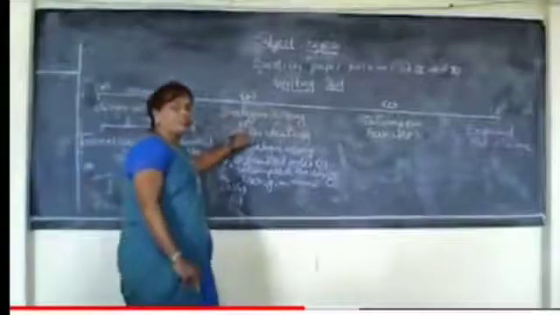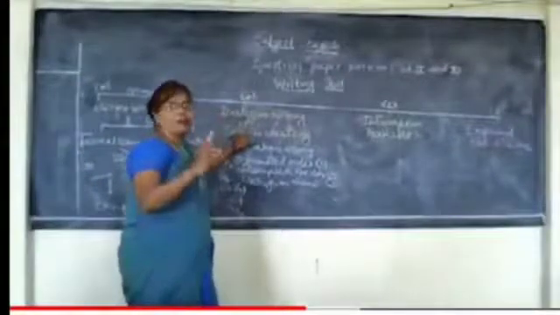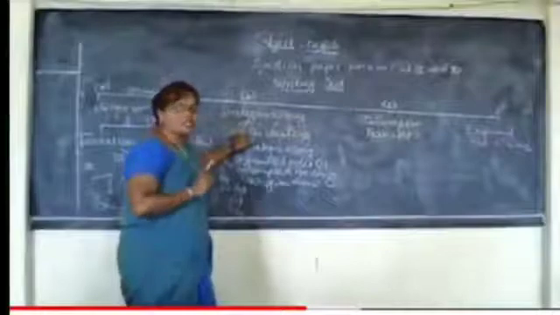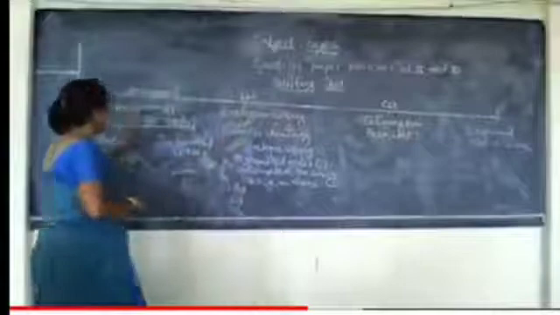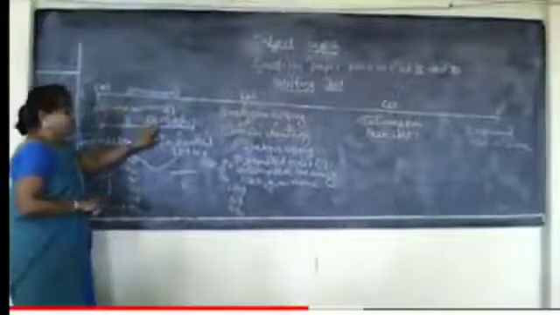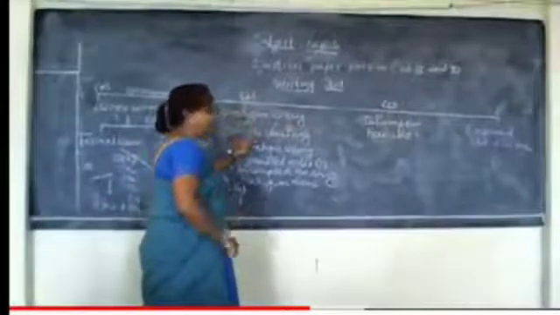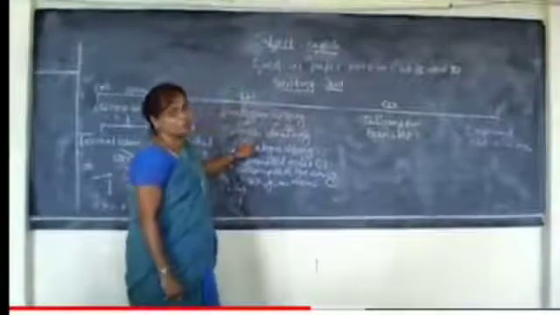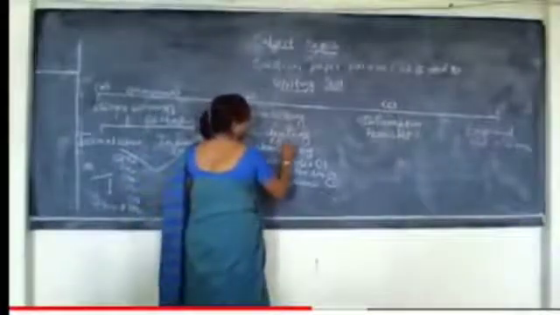Again, in dialogue writing or speech drafting also, there is 1 mark for your grammatical structures. So, beware of all these things. Okay, here, letter writing is for 5 marks. Then dialogue writing. For dialogue writing, there is an option of speech drafting, and it also carries 5 marks.